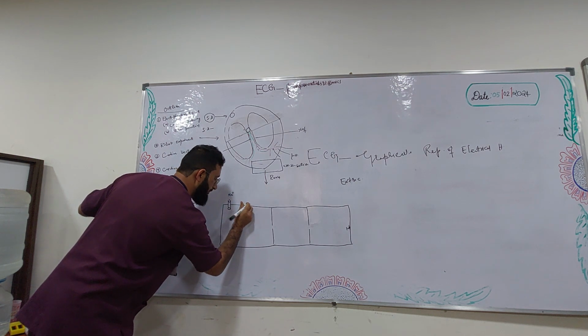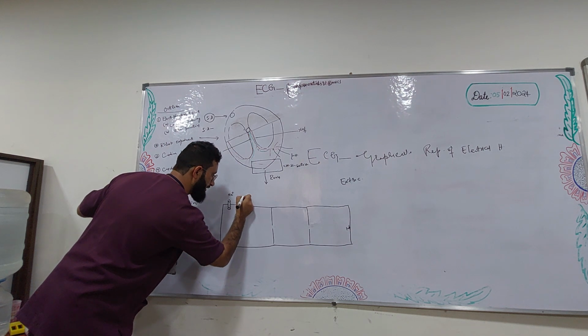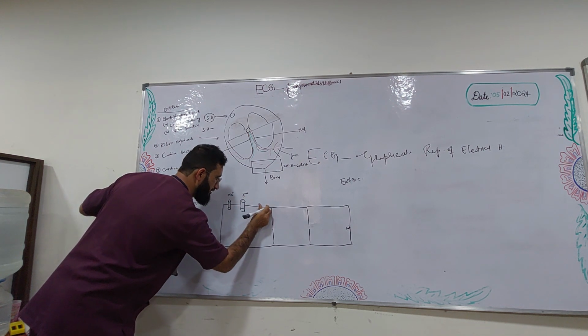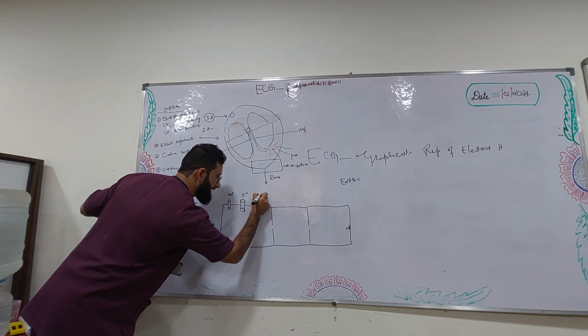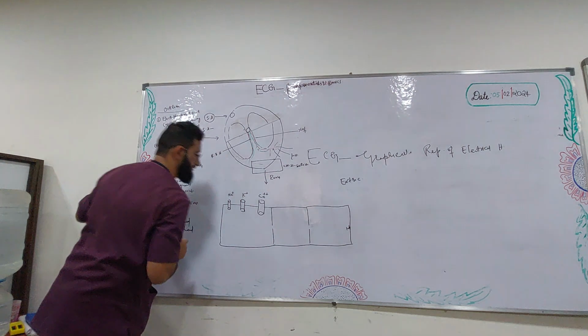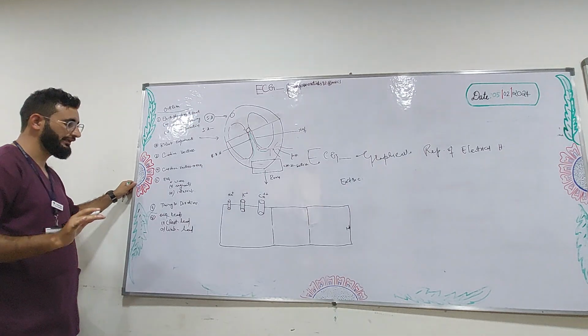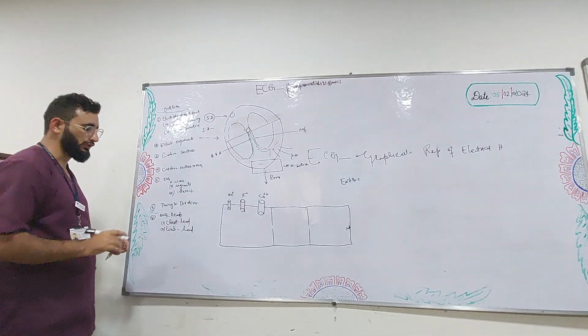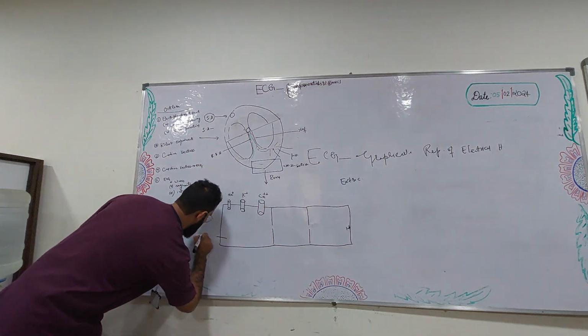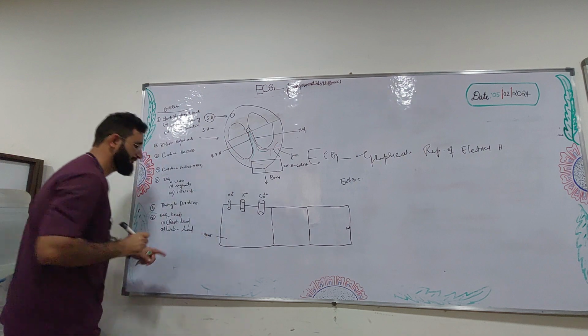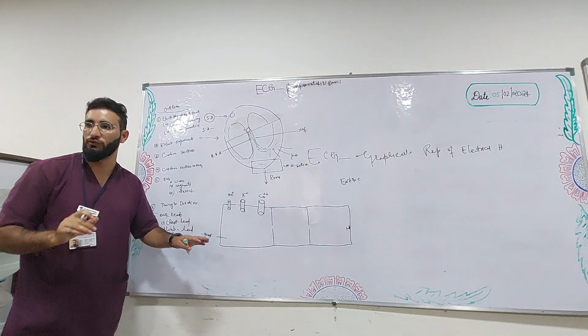Then we have the potassium channel, and then we have the voltage gated calcium channel. And the resting membrane potential of the myocardial cell is -90 millivolt.